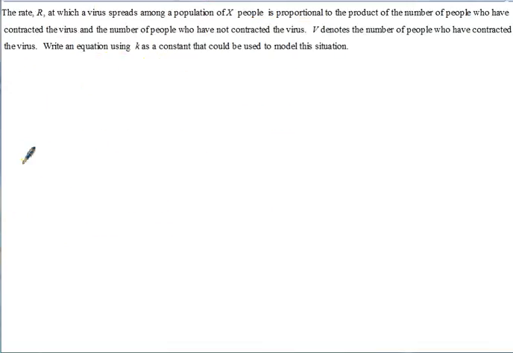The next one says the rate R at which a virus spreads among a population of X people, X is the number of people, is proportional, so it's a little more complicated, to the product of the number of people who have contracted the virus and the number of people who have not contracted the virus.